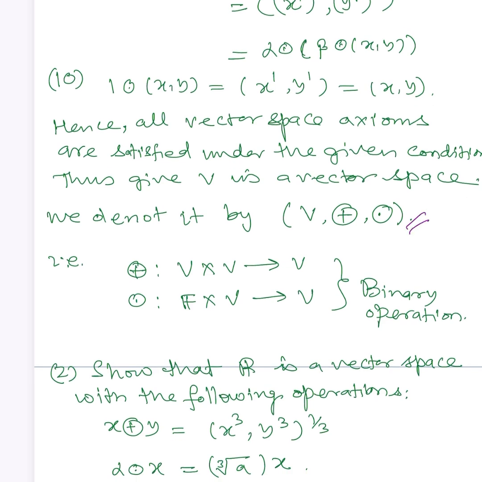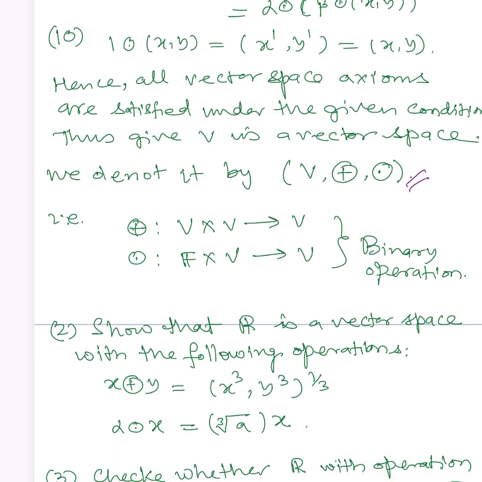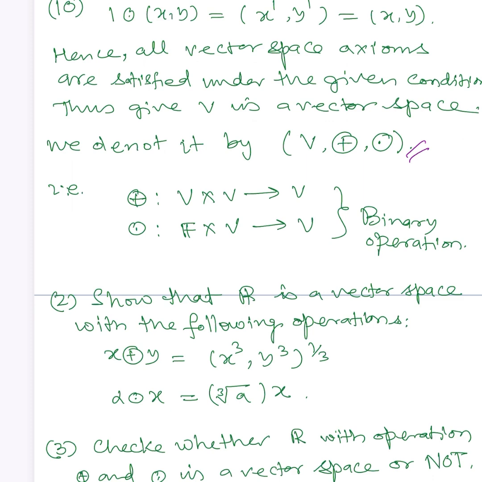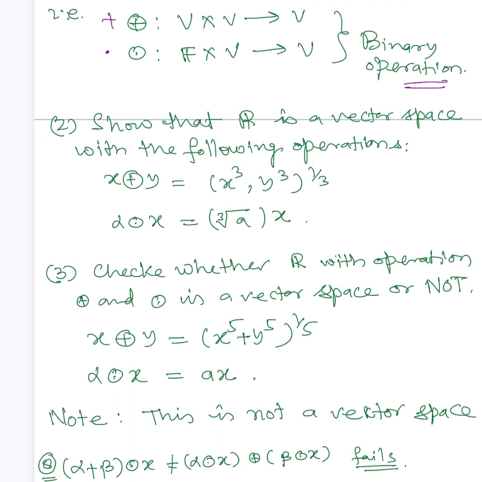So we say that this, under unusual addition and scalar multiplication, forms a vector space, right? And this binary operation, either plus or dot, can be defined as V cross V to V, a map actually, and F cross V to V, called a binary operation. Sometimes we call it that.